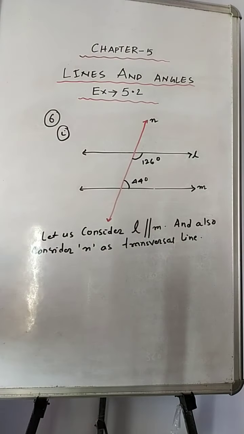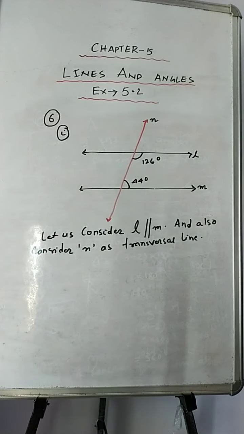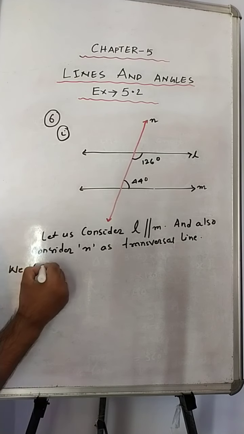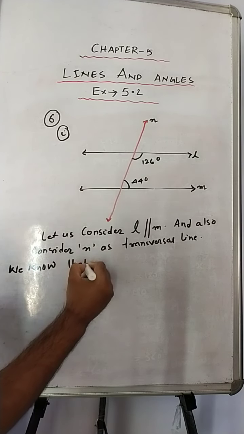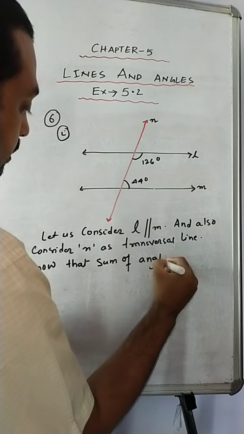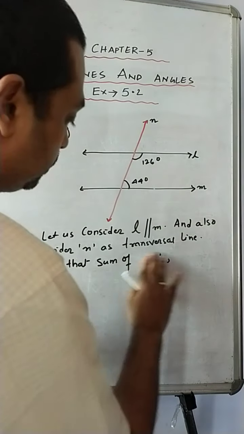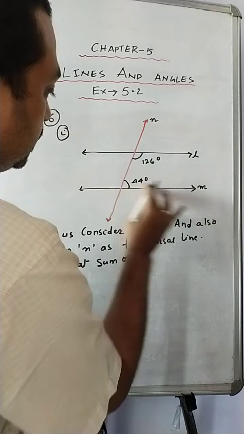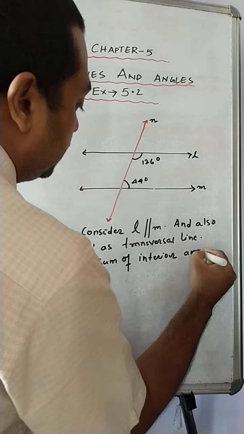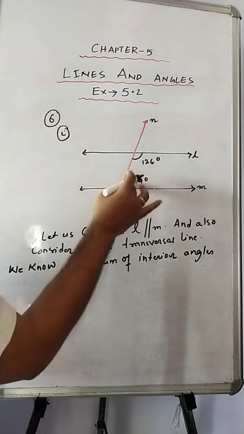Now, if these are parallel lines and this line is acting as a transversal line, we know that, we'll write that, we know that the sum of interior angles on the same side of the transversal line is always 180 degree. You write interior, because it is inside the parallel lines.